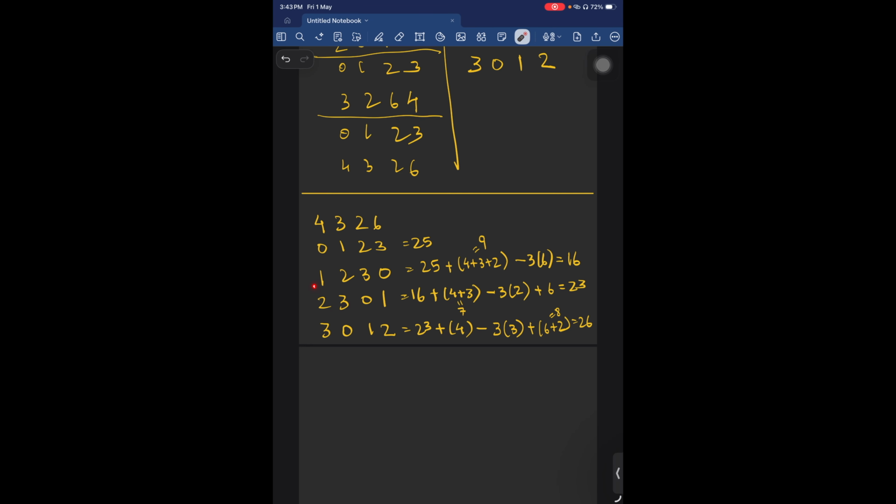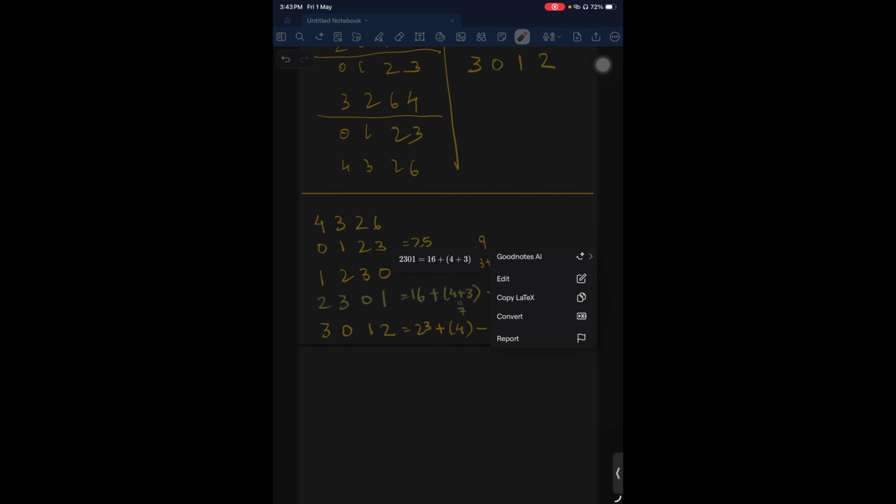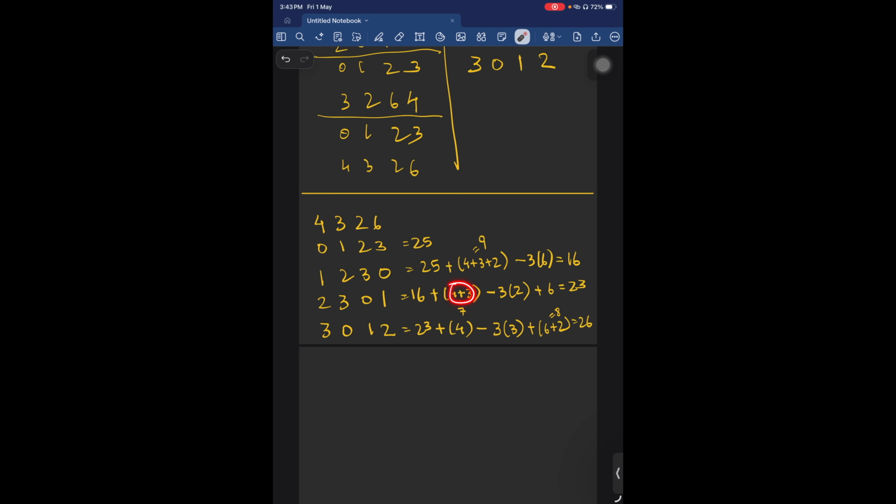And for f of 1, they were 1, 2. So we have to add them once. So we will add 4 once and 3 once using prefix sum. So it will be 7. So 16 plus 7.